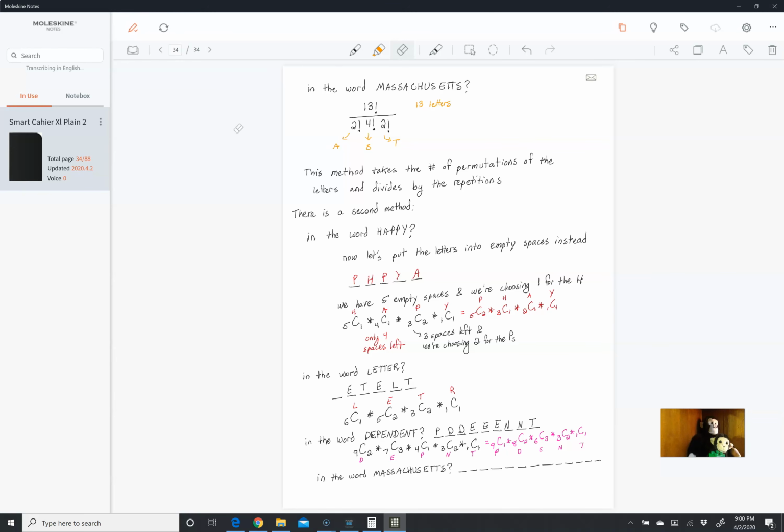So if we do the M first, there's only one M. So we have 13C1. There's only one A, so we have 12C1.